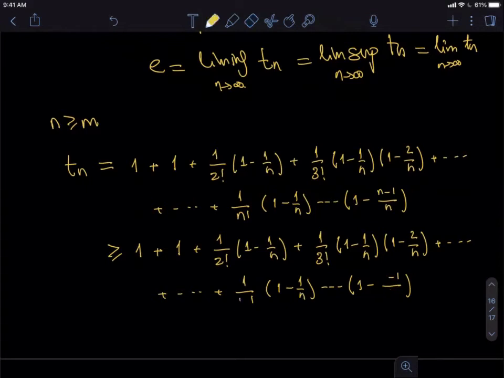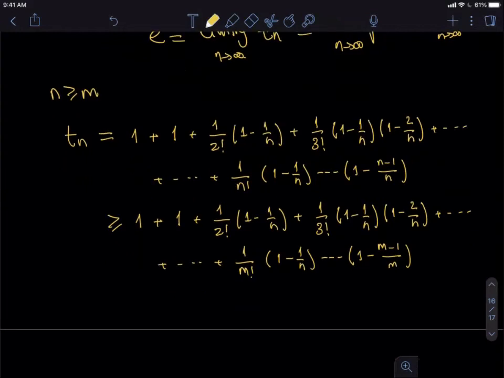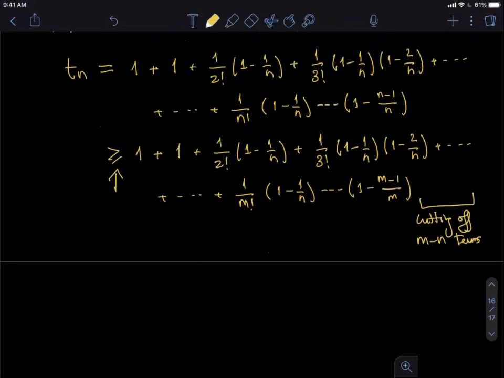So I write here m. Here I'm cutting off m minus n terms. That's the reason why I have an inequality here. I have fewer terms.